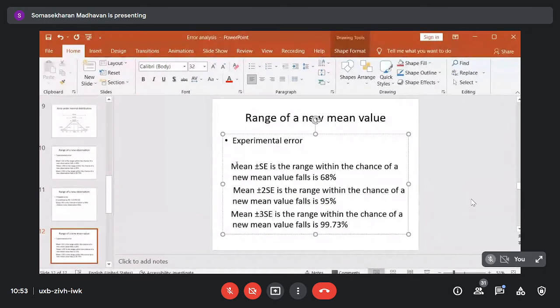Okay. So here we can compute the errors. Error is a measure of uncertainty, and that will be expressed either in terms of standard deviation or standard error. So we have used 3 measures: mean deviation, standard deviation, and standard error.